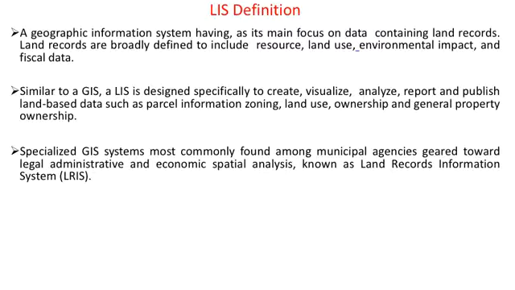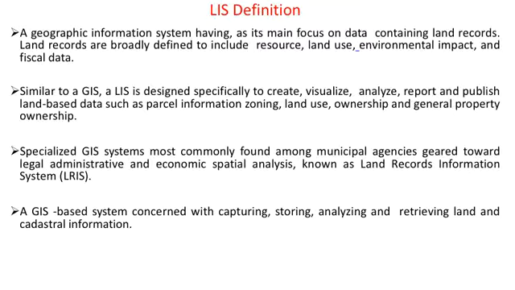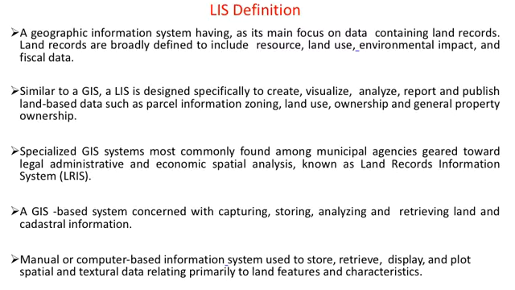A GIS based land information system is concerned with capturing, storing, analyzing, and retrieving land and cadastral information. It is a manual or computer-based information system used to store, retrieve, display, and plot spatial and textual data relating primarily to land features and characteristics.